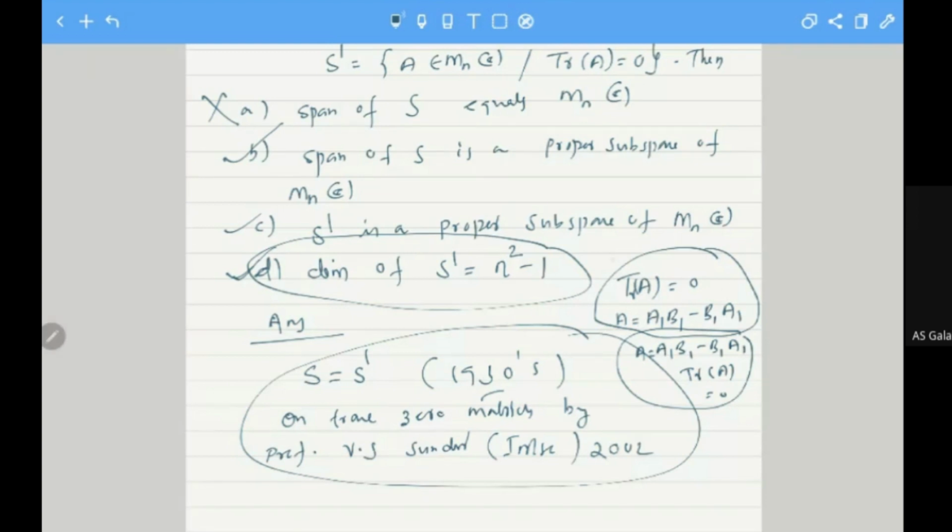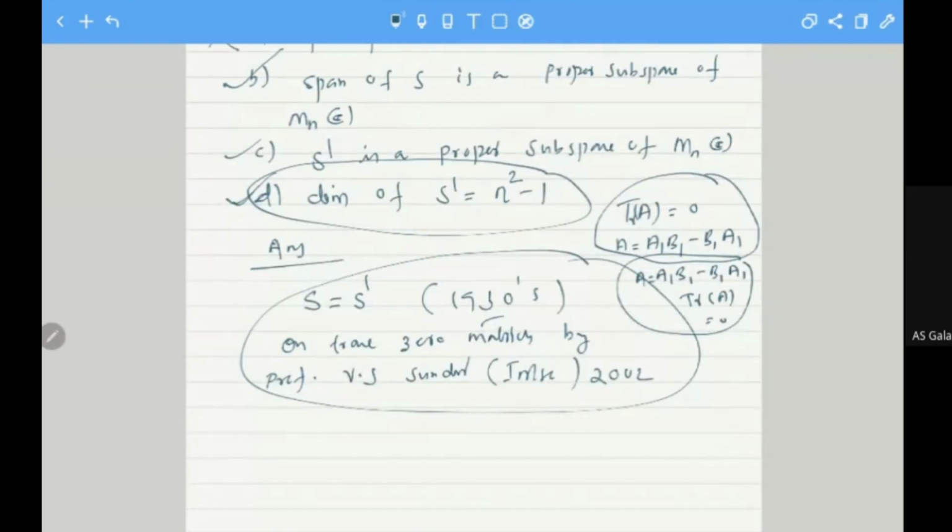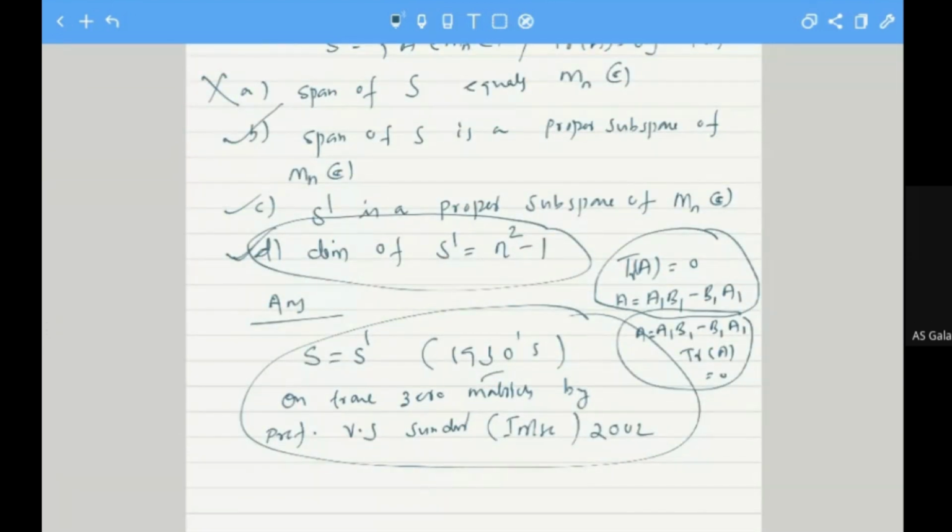Conversely, if you take A1 B1 minus B1 A1, then its trace will be 0. That is the easy direction, but the first one is not at all obvious. In fact, this is a well-known fact from the 1930s. So please have a look at this if you are interested.